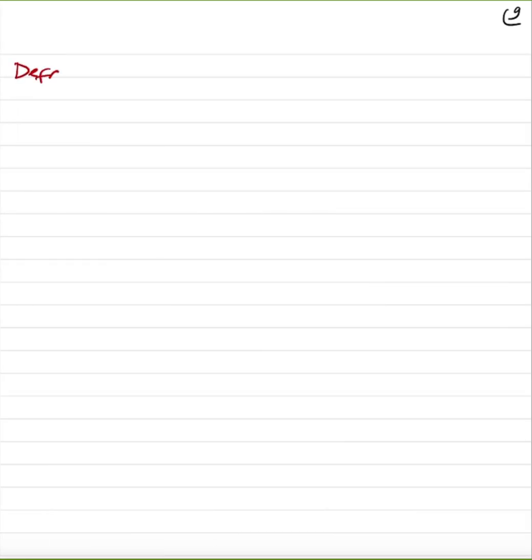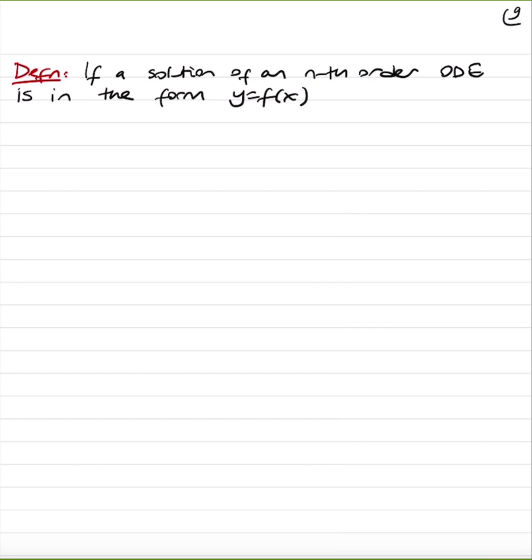Definition: if a solution of an nth order ordinary differential equation is in the form y is equal to f of x, then it is called an explicit solution.